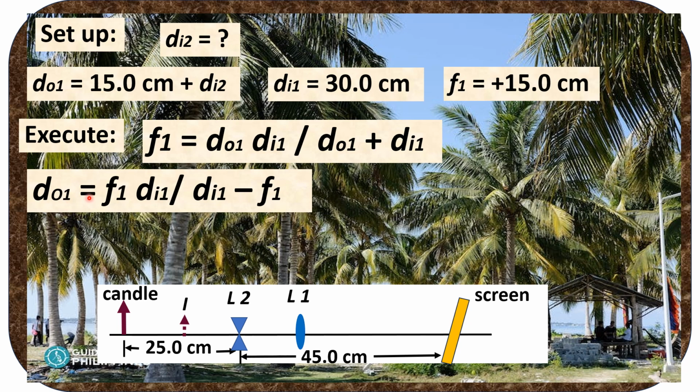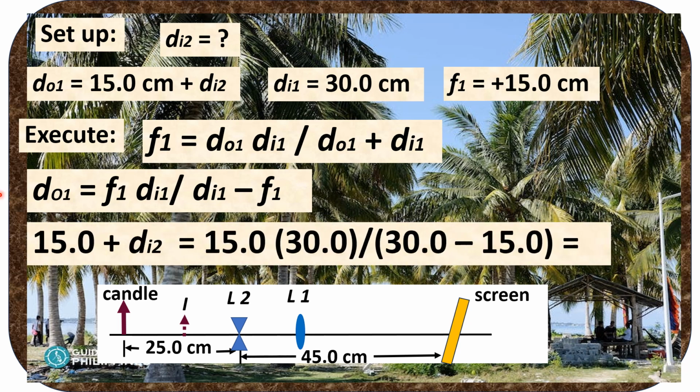So d sub O1 is equal to the product of f sub 1 and d sub I1 divided by d sub I1 minus f sub 1, where we will substitute d sub O1 that is equal to 15.0 centimeters plus d sub I2 to the left side of this equation.